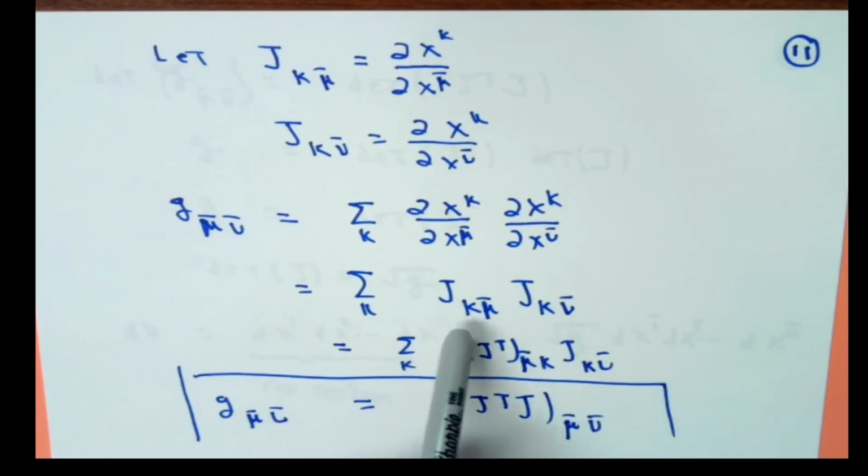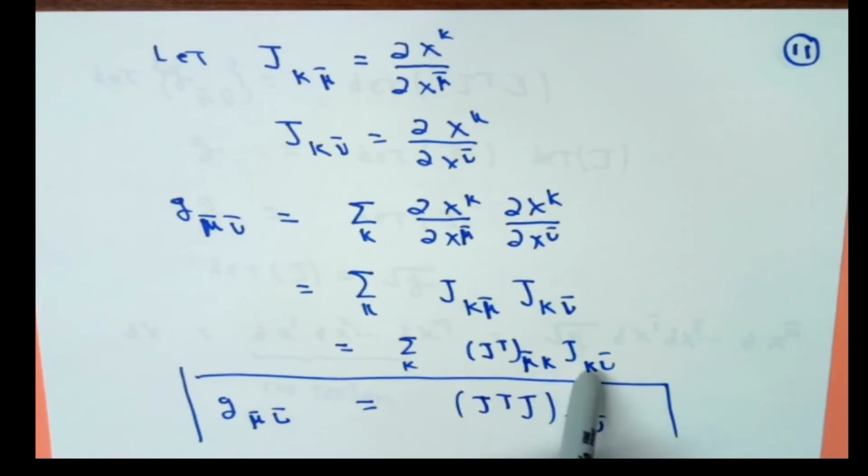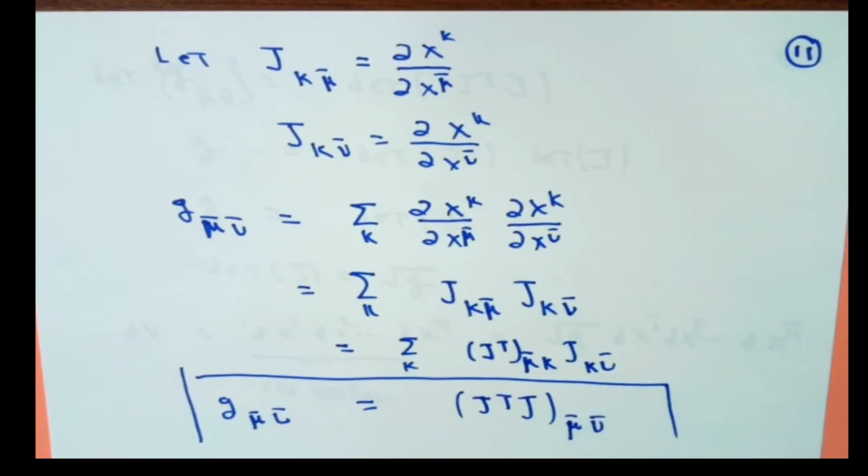J^k_mu-bar is J transpose mu-bar k. What's left here is a sum of the mu-bar k element of that matrix with the k nu-bar element of that matrix. This is matrix multiplication. The metric tensor components in the new coordinates can be found this way.